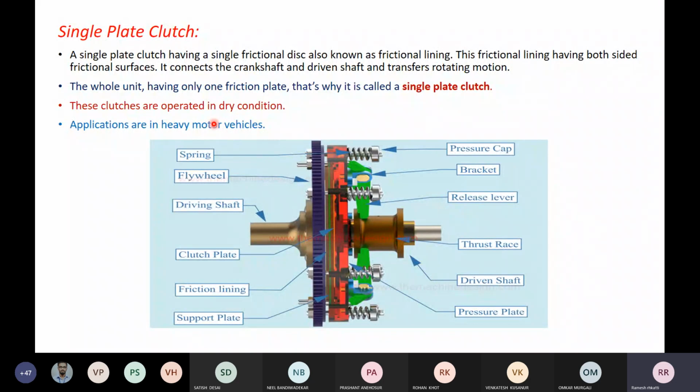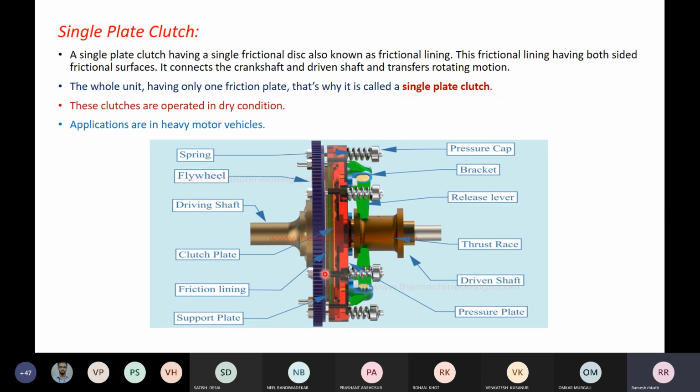It is going to connect the crankshaft and the driven shaft, and transmit the rotating motion. As a whole unit, it has only one frictional plate.